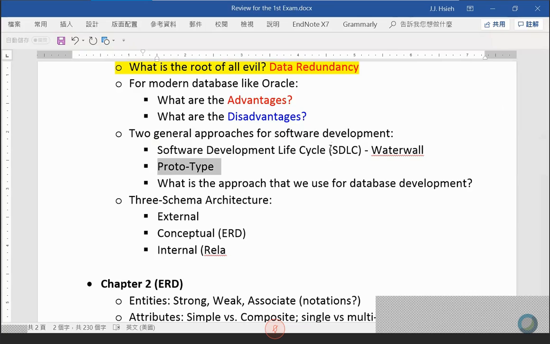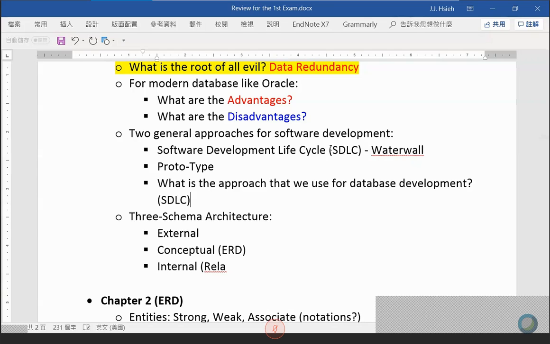You can take a look at the slide, and then you need to know which one we are using for database development. The answer is the first one, the SDLC that we are using for this class.